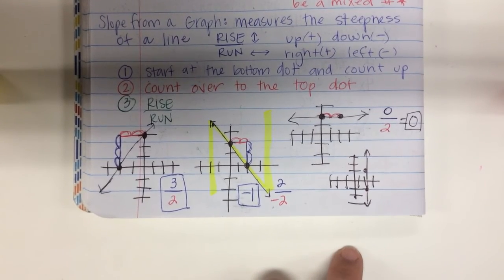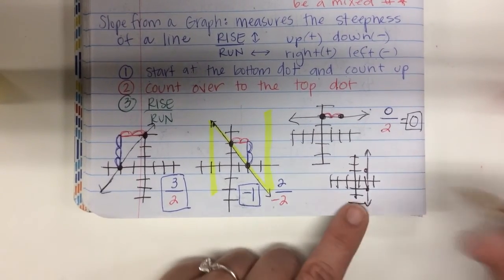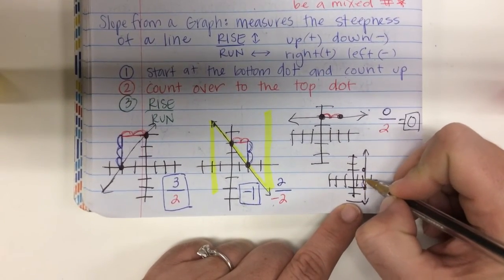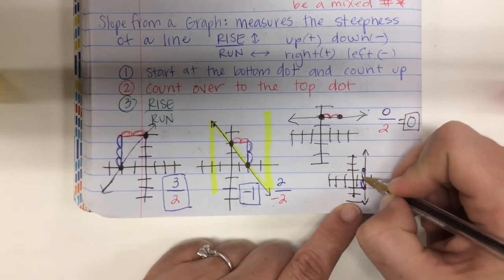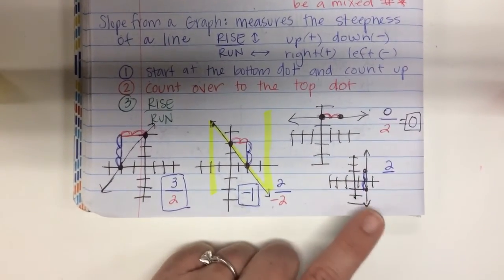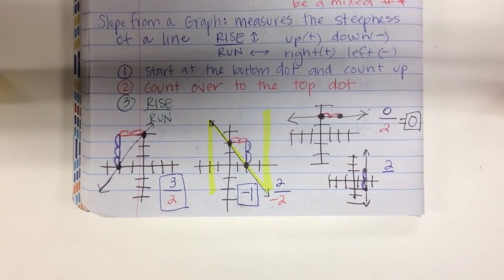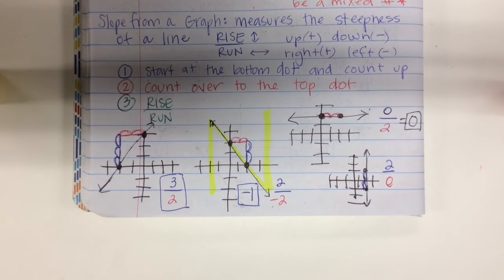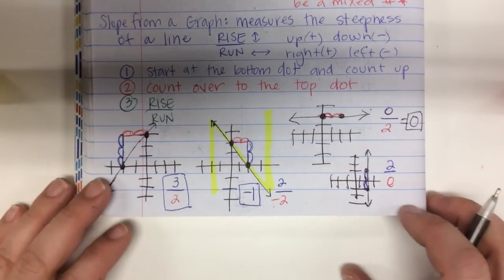Start at the bottom dot. All right, how many spaces do I go up? 1, 2. I go up 2. How many spaces do I go over? None. Ladies and gentlemen, what do you know about 2 over 0? What do you know about 2 over 0?